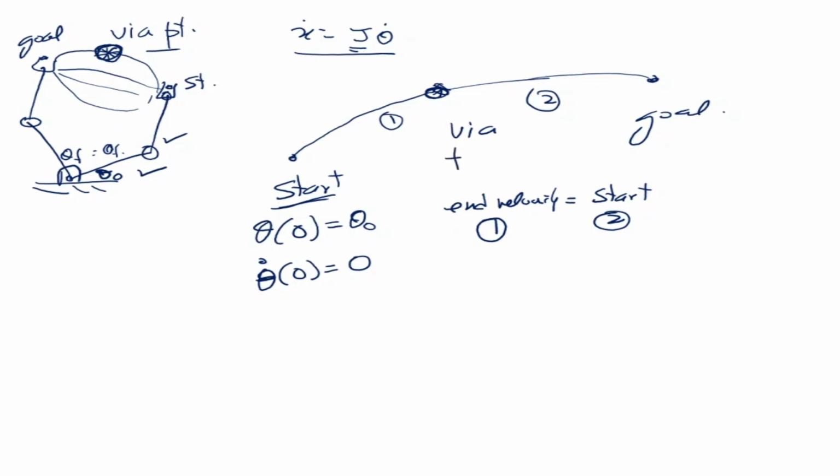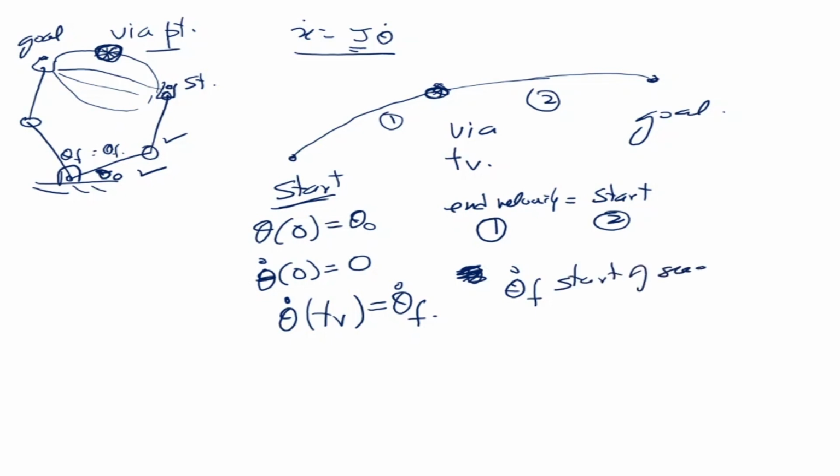If we say this is tv, the time of blend of the via point, then theta dot, the end velocity of polynomial 1, is going to become the start velocity of the other one. So theta dot f will become equal to the start velocity of the second spline, cubic spline.